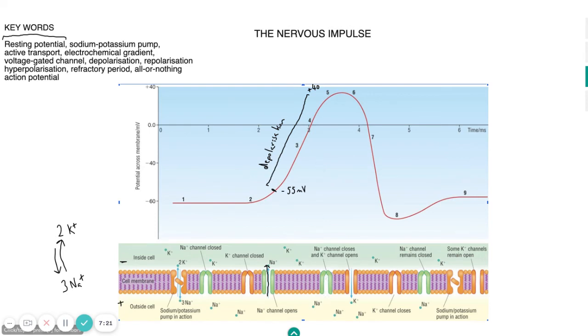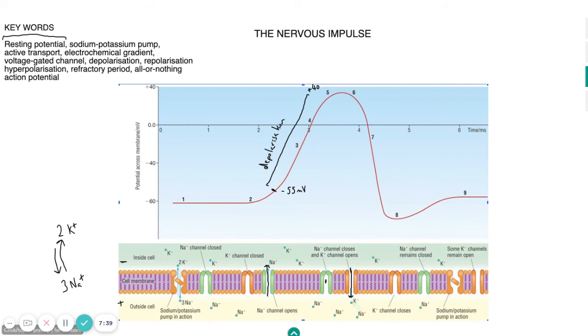So if we look down here, the sodium channel has closed, and now the potassium channel has opened. And if the potassium channel is opening, you can see the potassium ions are now diffusing out.